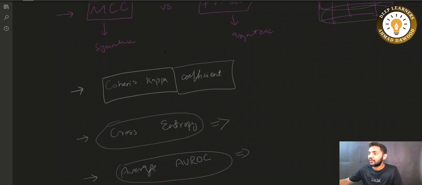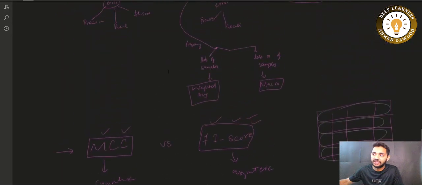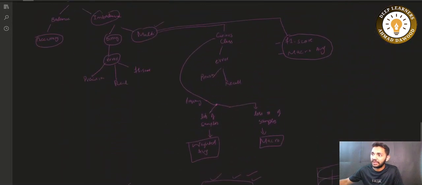Matthews correlation coefficient, Cohen's kappa, cross entropy, average... You will see some other measures also, but for now you should consider what I have discussed in this flow chart. You can follow that pattern.